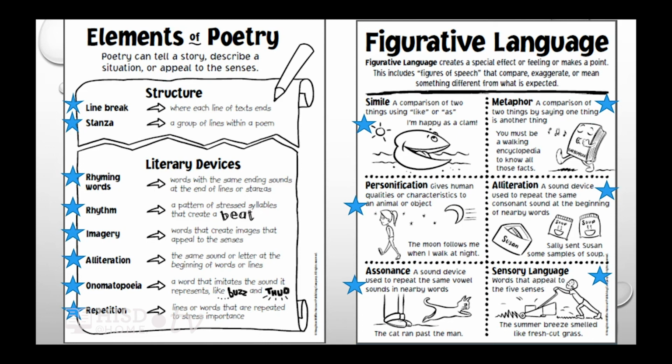Assonance is a sound device used to repeat the same vowel sounds in nearby words. The cat ran past the man. Sensory language, words that appeal to the five senses. The summer breeze smelled like fresh cut grass.